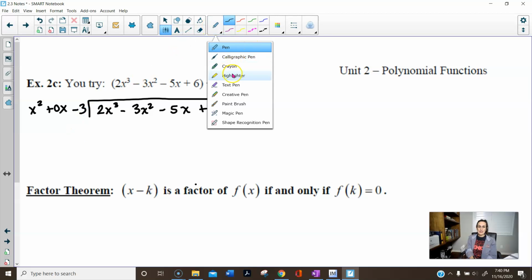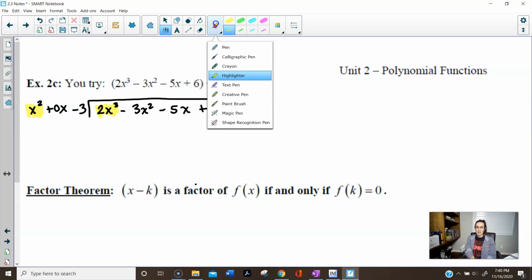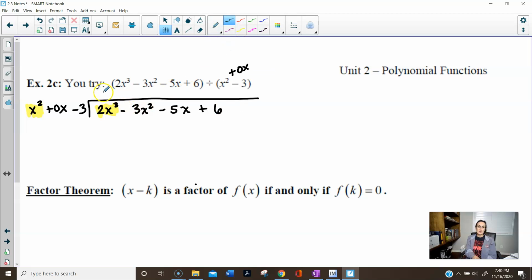And then what I like to do is just look at the x squared, just look at the first term, and ask yourself, what do I multiply x squared by to get 2x cubed? And that's going to be a 2x. Now, you're going to put the 2x way over here because there's 1, 2, 3 terms. So you place it above the third term.